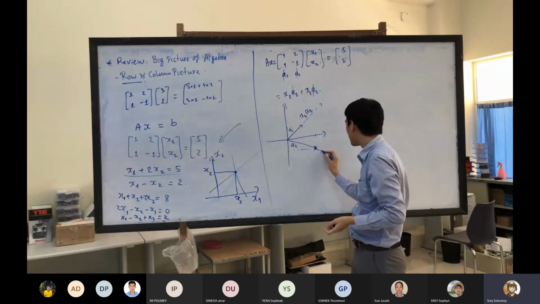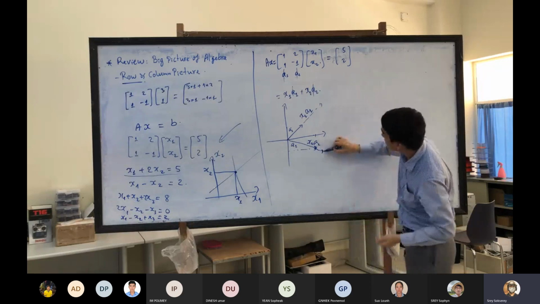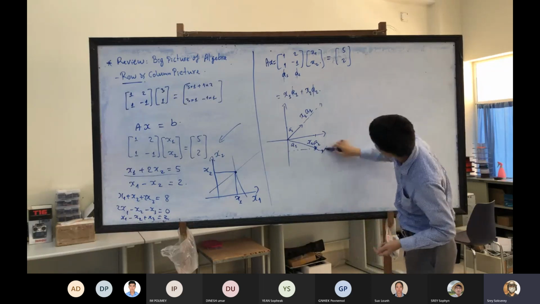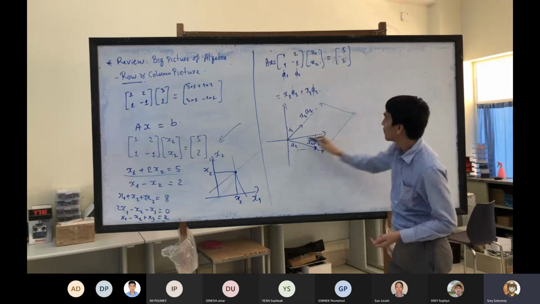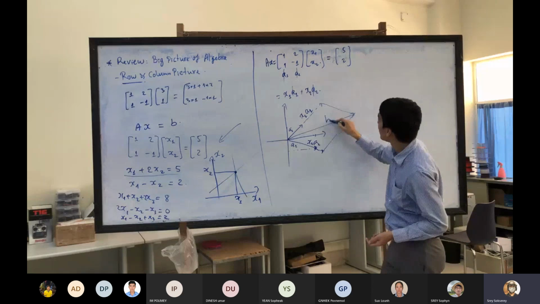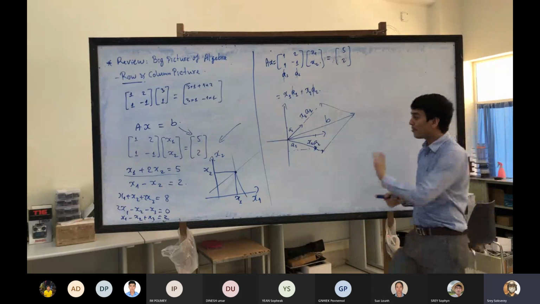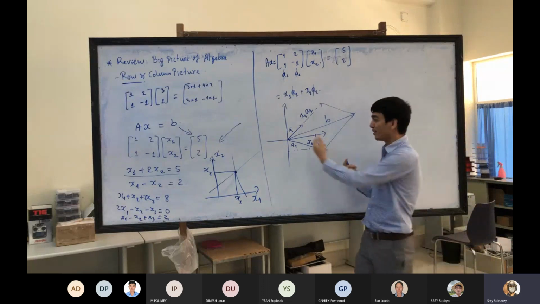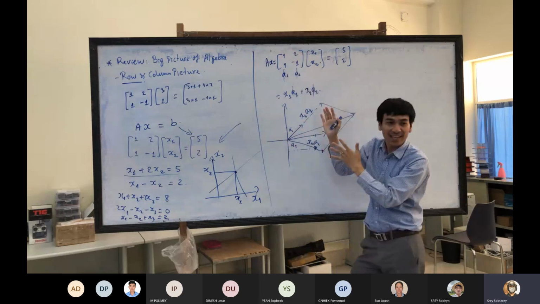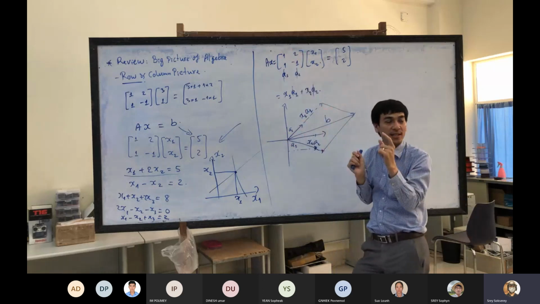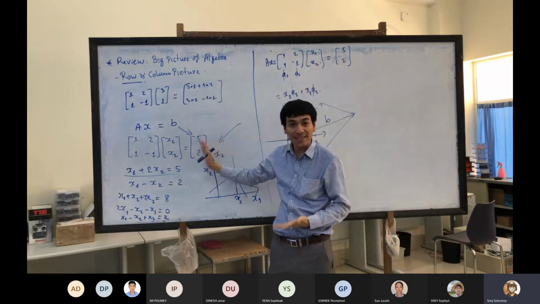Let's say up to here, I don't know yet. And then you add this together, you got vector B. This is B. So column vector means you do the linear combination between all the column vectors in the matrix A, and you try to find the coefficients that when you do the linear combination, you get the result of the right hand side, which is B.